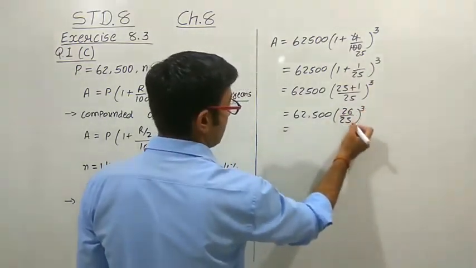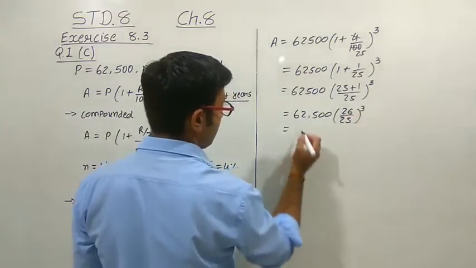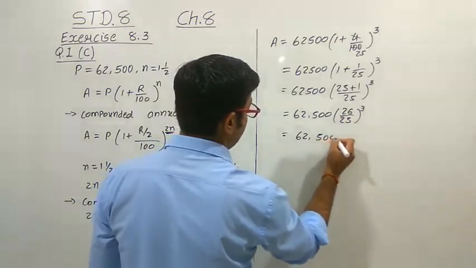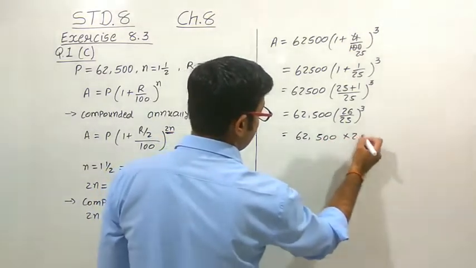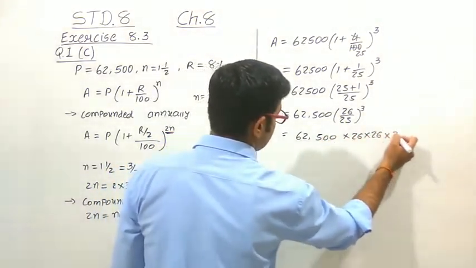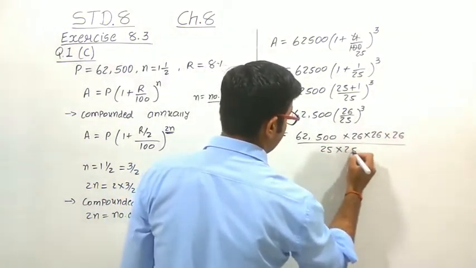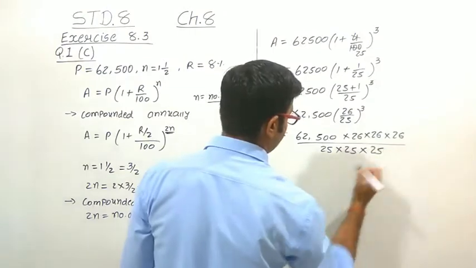Now we have to give this power 3 to both the numerator and the denominator. So here we are getting 62,500 into 26 into 26 into 26 upon 25 into 25 into 25.